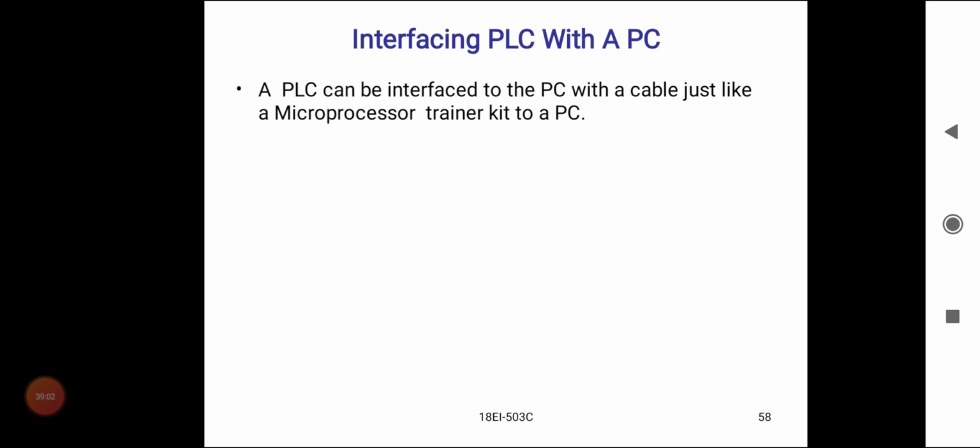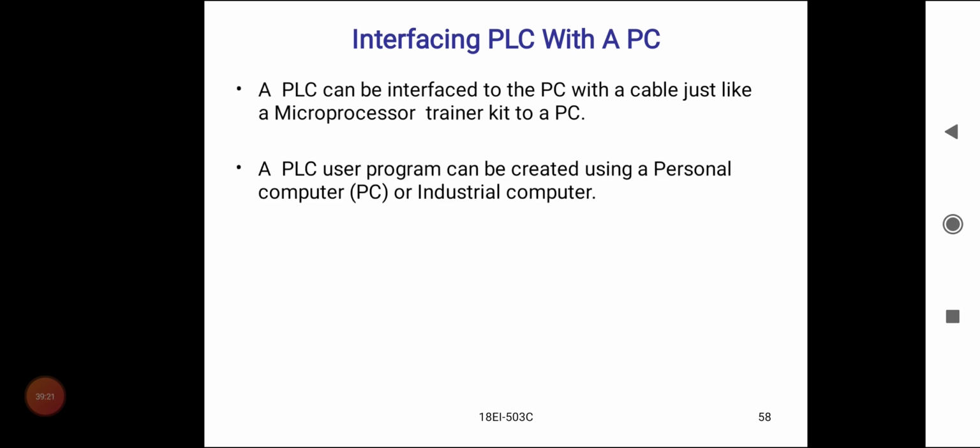A PLC can be interfaced to the PC with a cable, just like a microprocessor trainer kit to a PC. A PLC user program can be created using a personal computer or industrial computer.